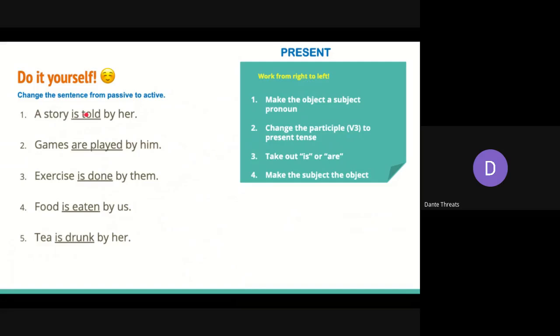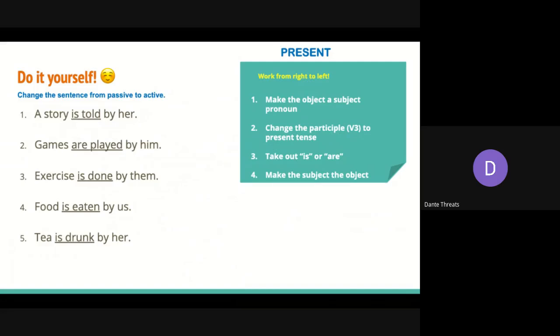She tells what? We take out is or are, so we take out this is right here. So the subject pronoun would be she. This participle would be changed to tells. We take out this verb here. And then we make the subject the object. So it should say she tells a story.